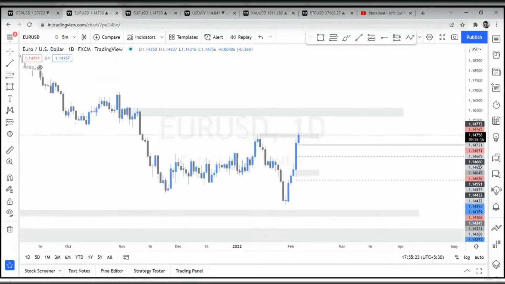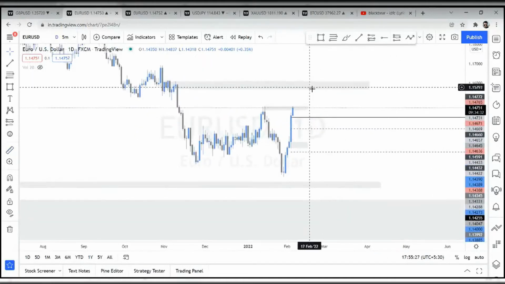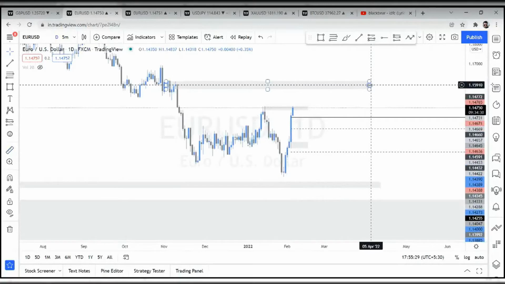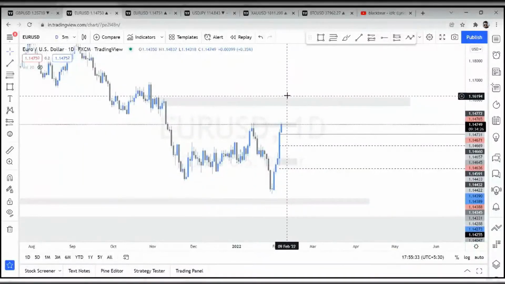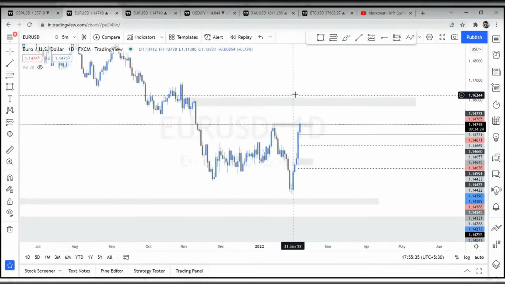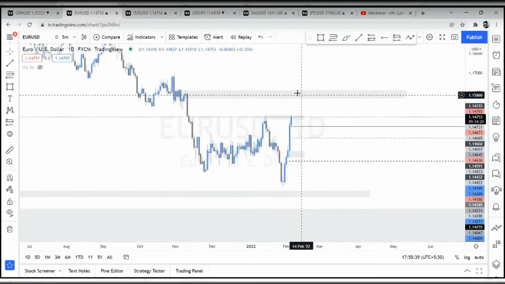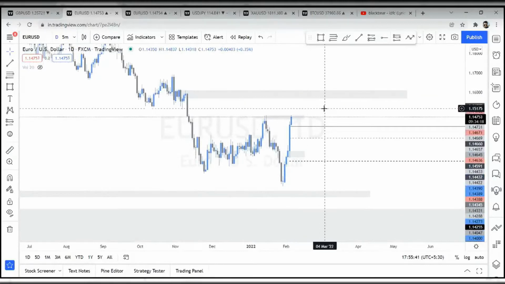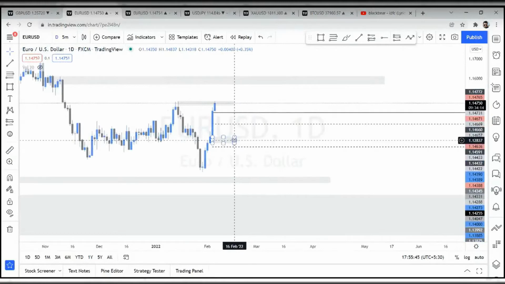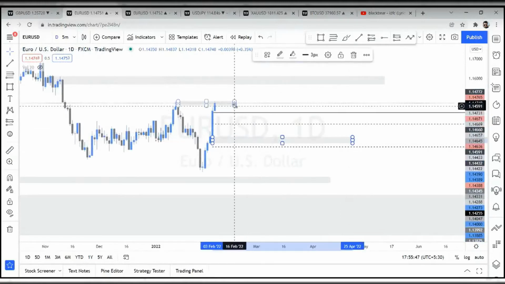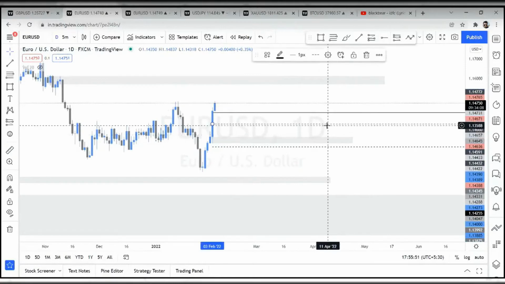So what you can do is look for a sale right here on this zone, with a stop loss somewhere above here, and then you can involve yourself for a sale position here. And if price moves down, this is the area where you can be involving yourself.